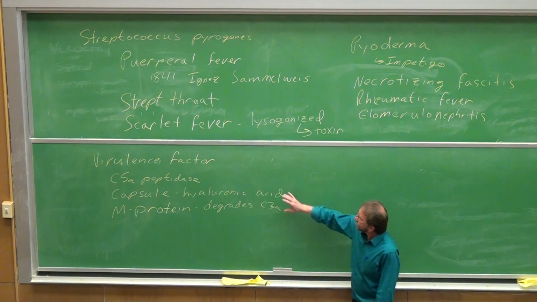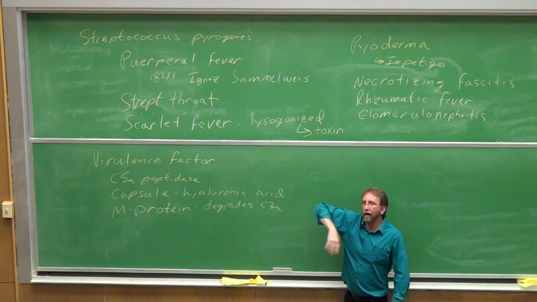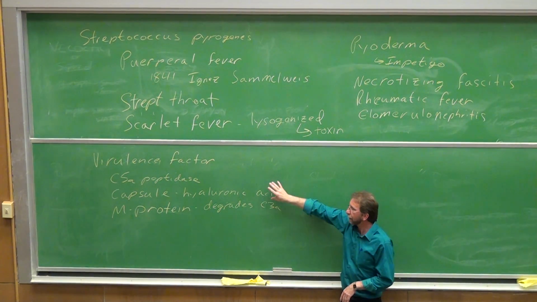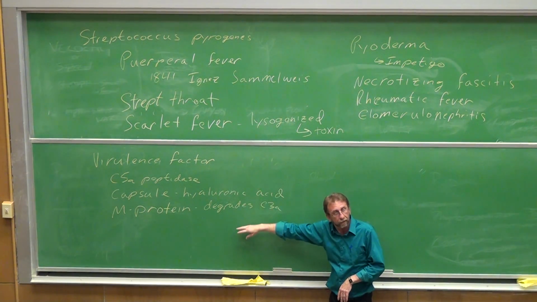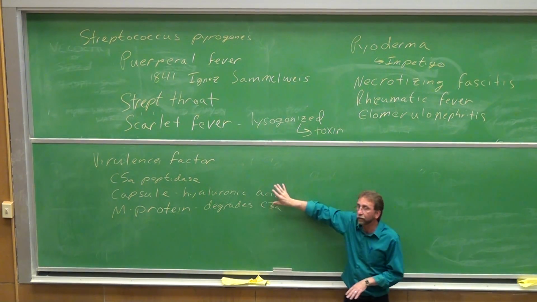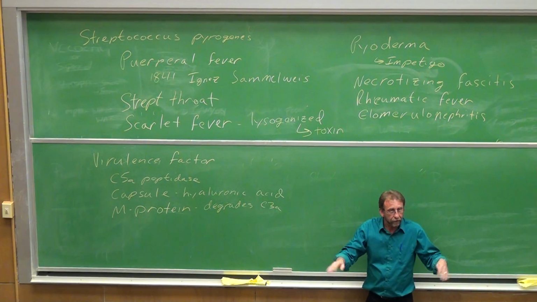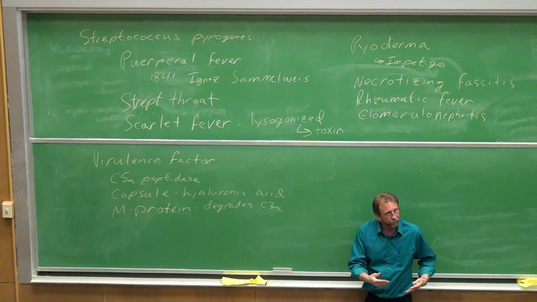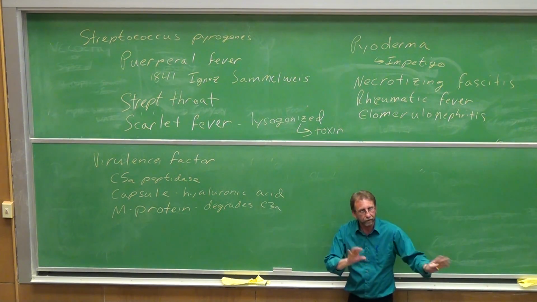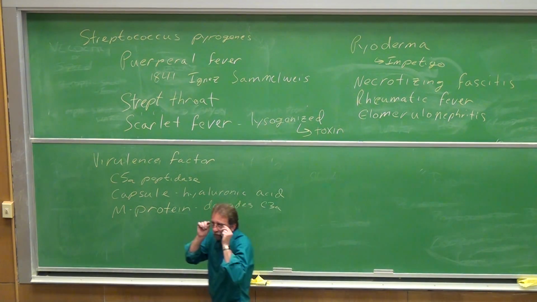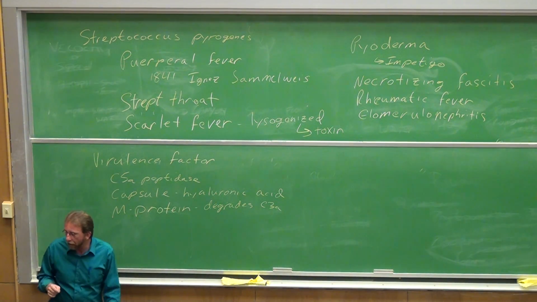What you need to recognize about all of this, and I'm not saying every strain of Streptococcus necessarily does all of these things, is that the fact that you're able to do these things initially gives you a chance to replicate before the immune system has a chance to attack you. And that's one of the ways that microbes are able to cause infection.